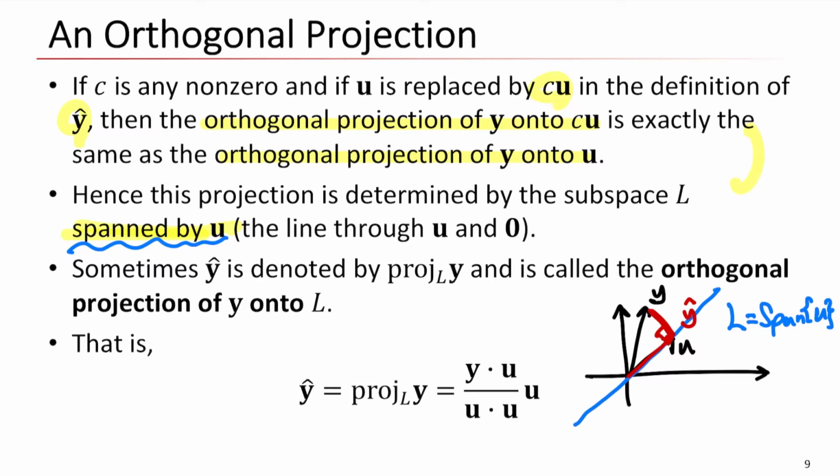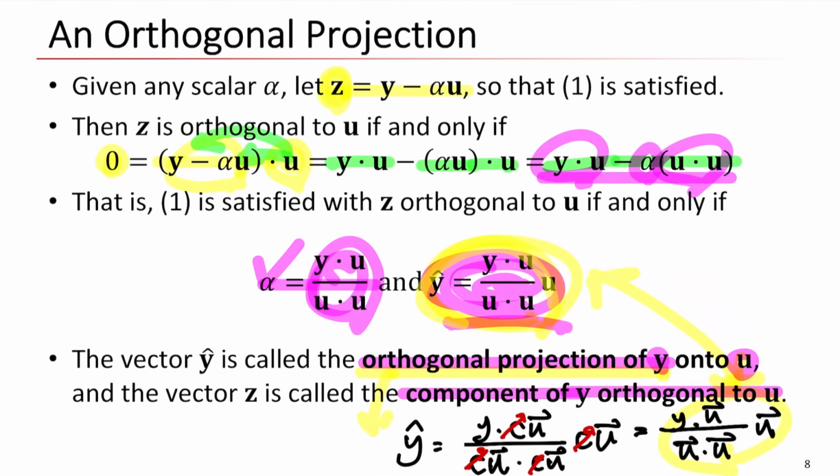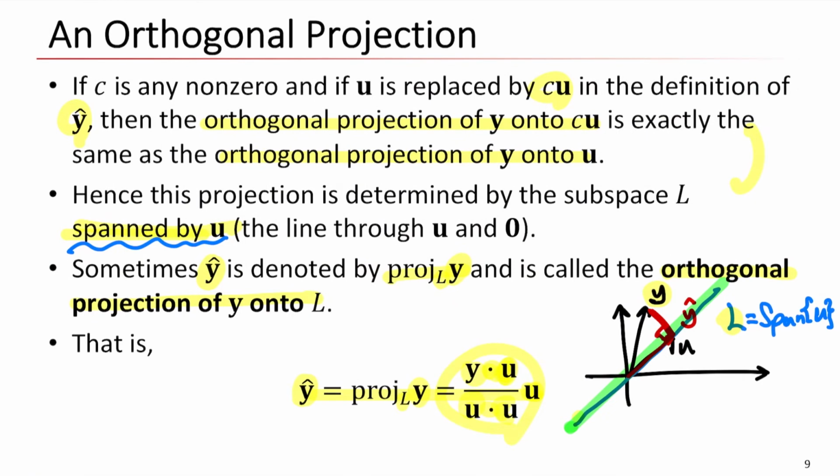In this case, Y hat is denoted by projection L of Y. It is called the orthogonal projection of Y onto L. In other words, Y hat is the projection onto L of Y. It can be represented as Y inner product U over U inner product U, times U. So this is the definition of the orthogonal projection.